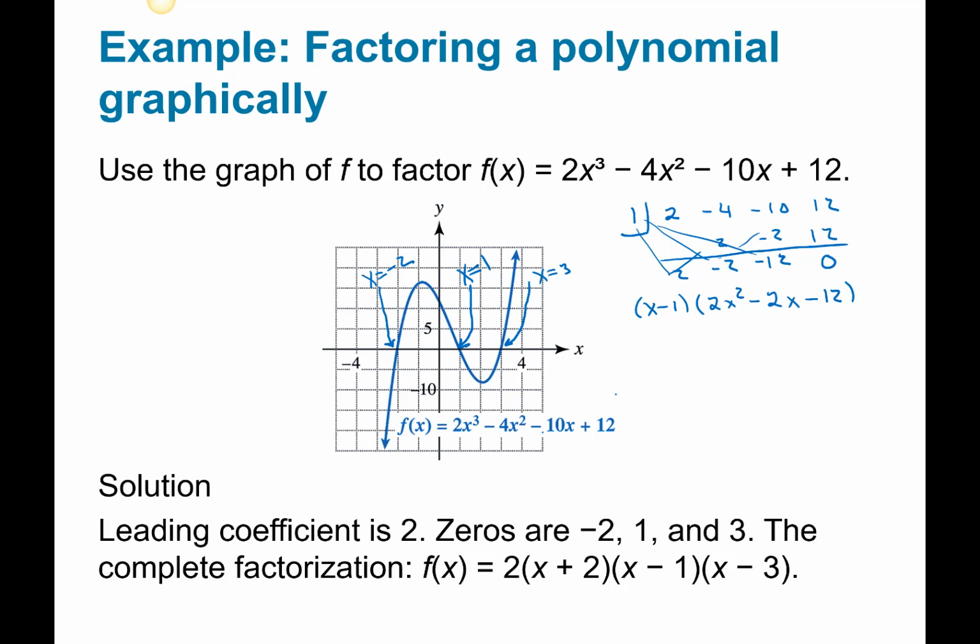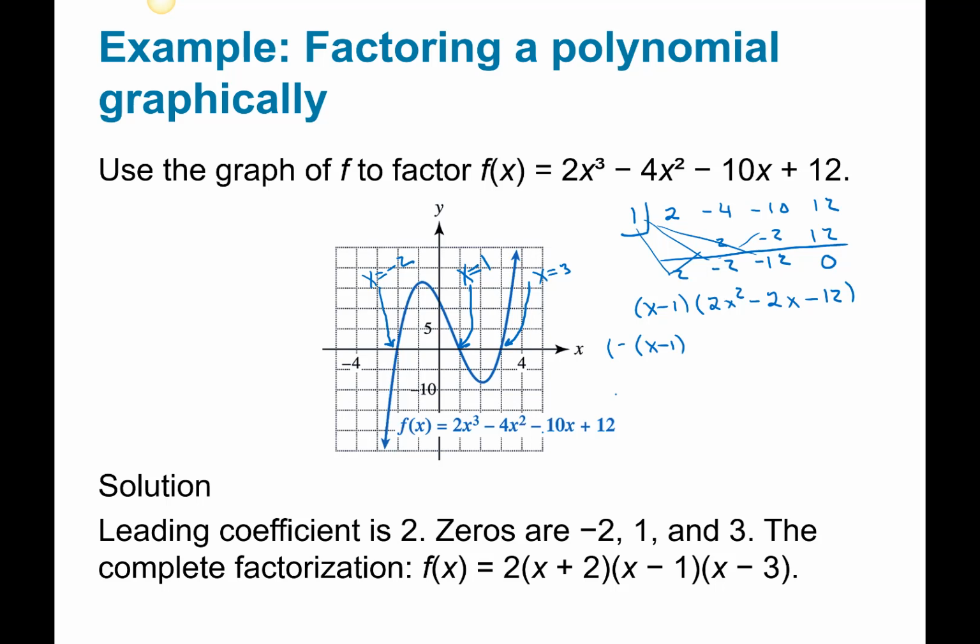What would be a next step in the complete factorization of this? There are a couple ways you can go. What would help clean up that second factor? Could you factor out a 2? Yeah. And that would give us our x minus 1.